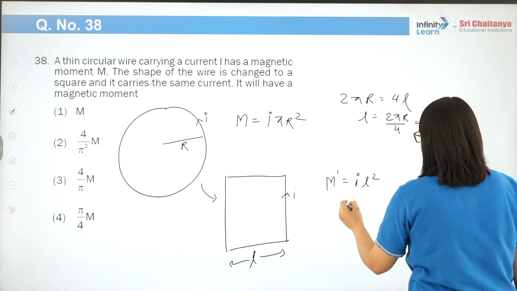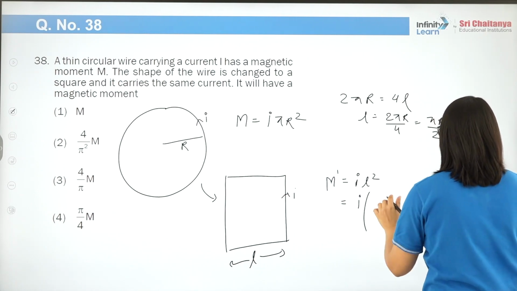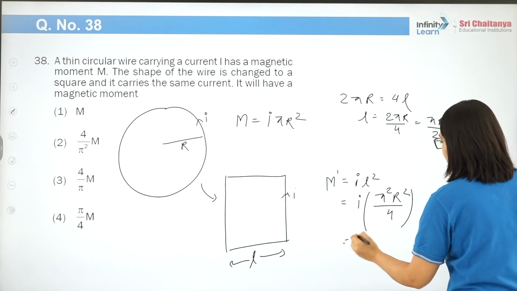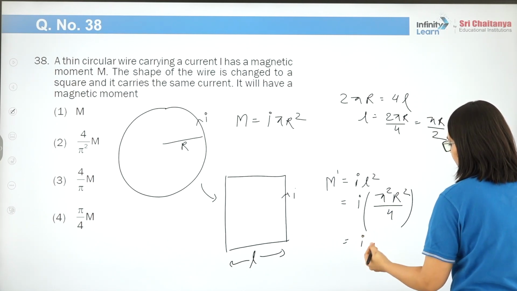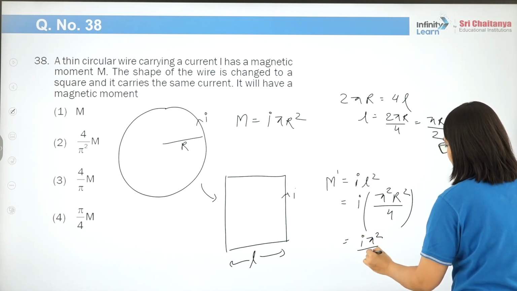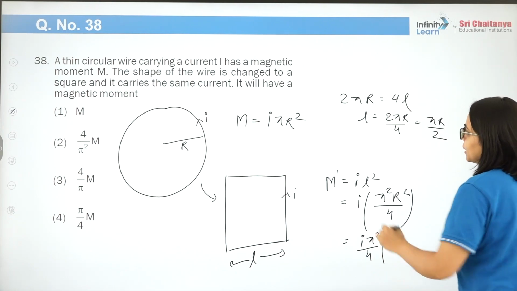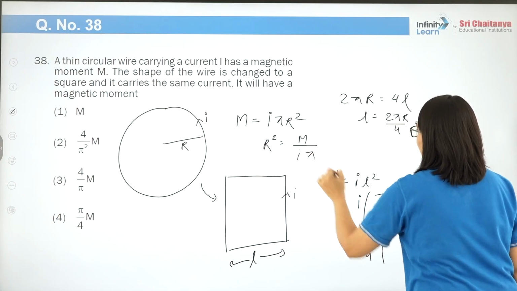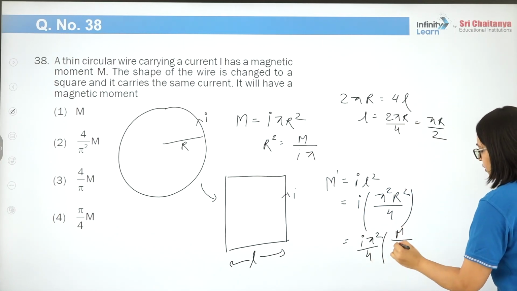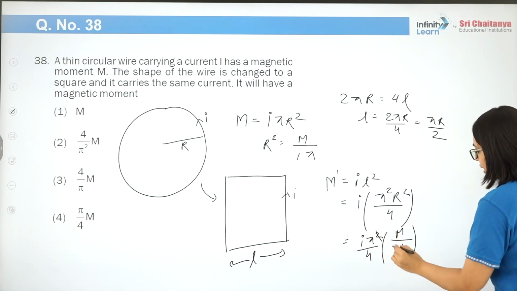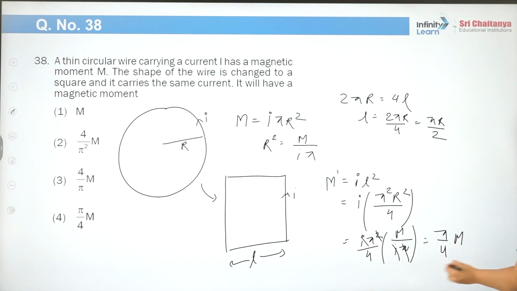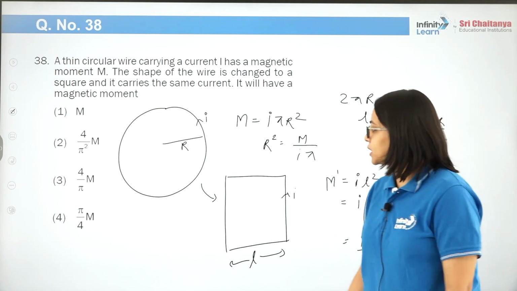So it will be I into L square, which is pi square r square divided by 4. So we have I pi square divided by 4 into r square, but r square from this can be written as M upon I by pi. Pi cancels, I cancels, so we have pi by 4 into M as the new magnetic moment, which is option 4.